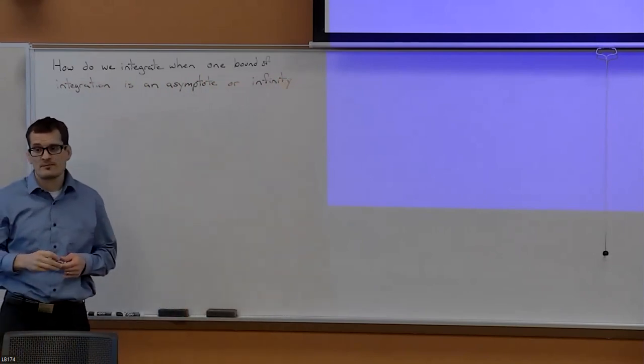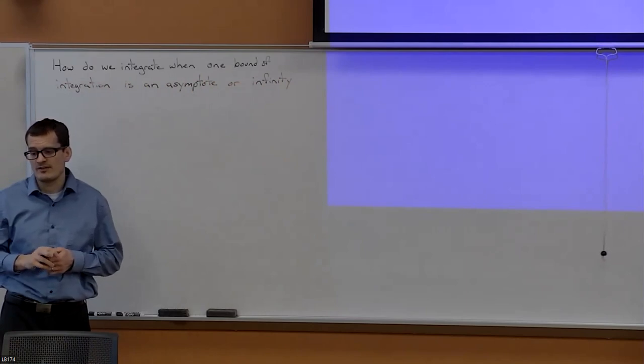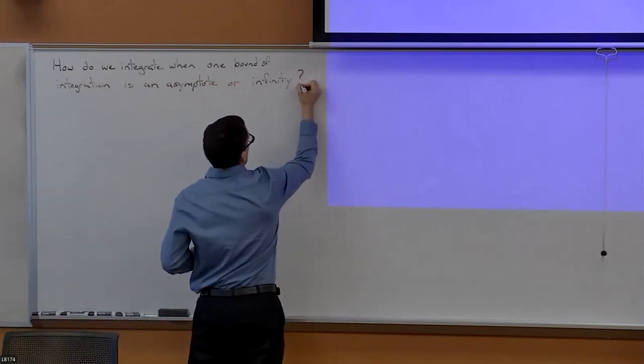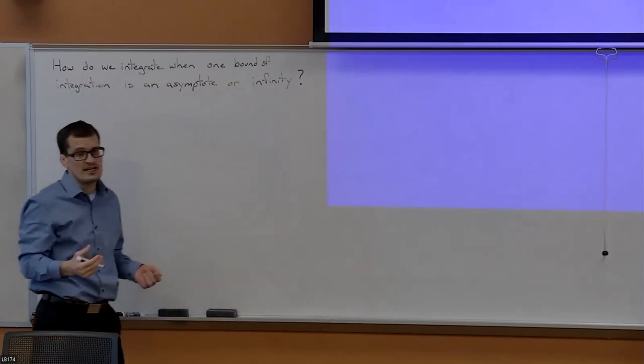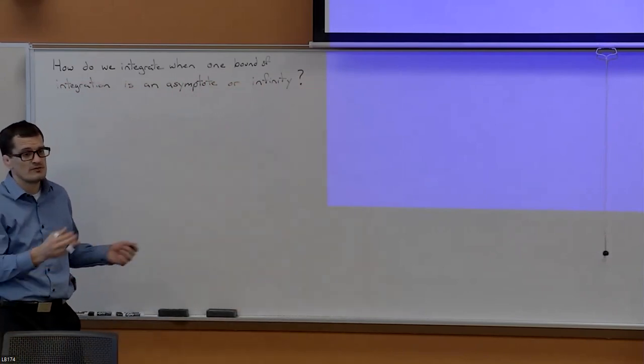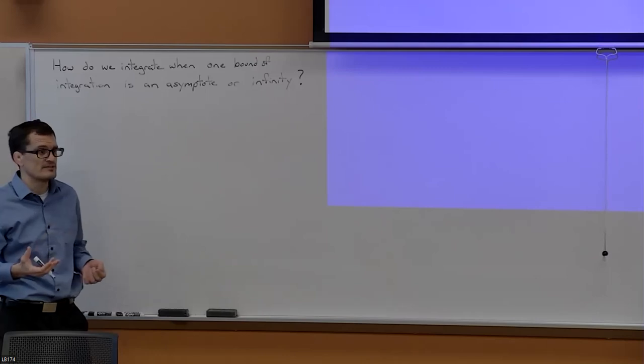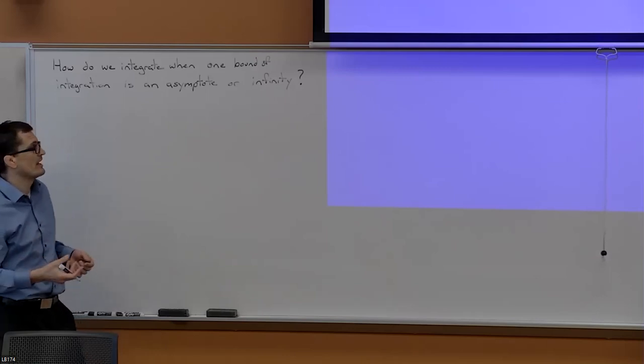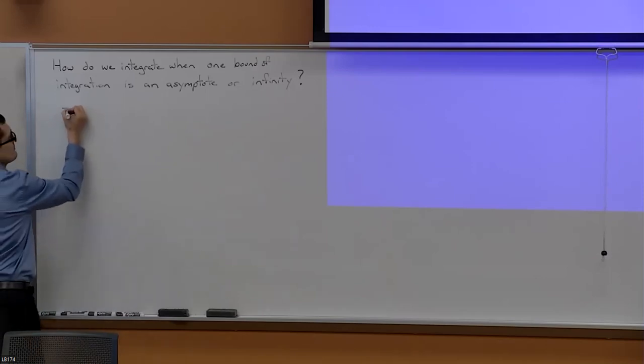So how do we deal with integration when one of our bounds is an asymptote or infinity? And the short version of that is we use limits. Okay. So we'll utilize limits to do that.